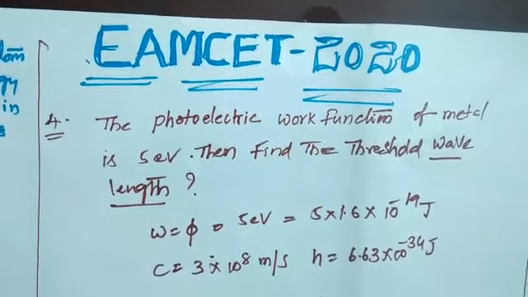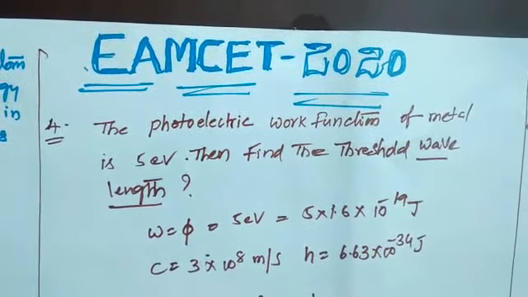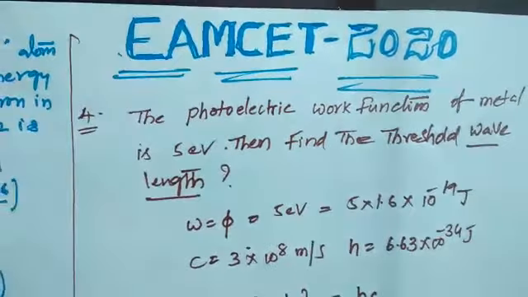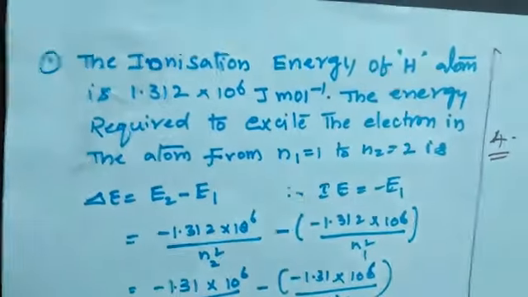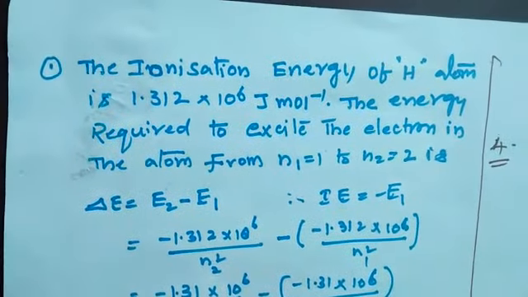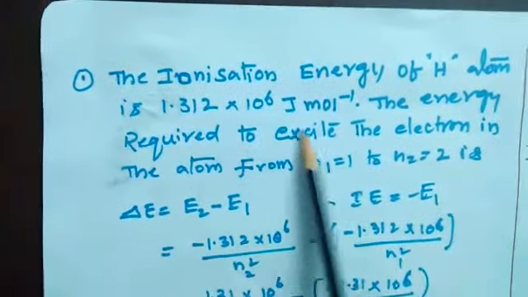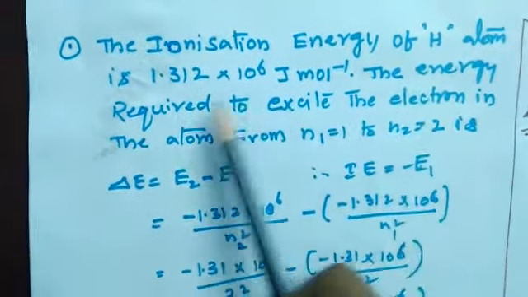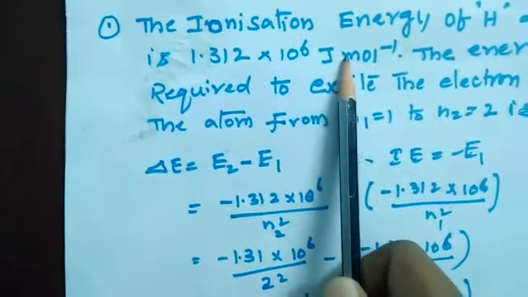Today, I am going to discuss another important model in atomic structure. Yesterday, we discussed some problems. Today, I will also discuss another important model. Now, look here. The ionization energy of hydrogen atom is 1.312 into 10 power 6 joules per mole.